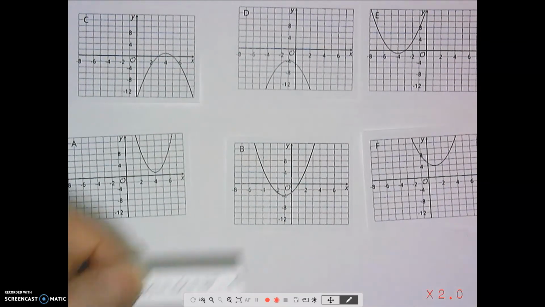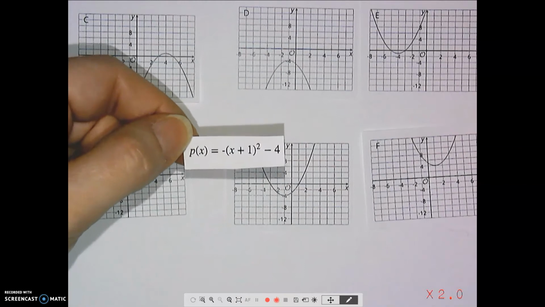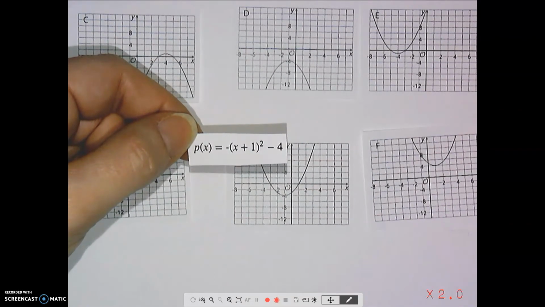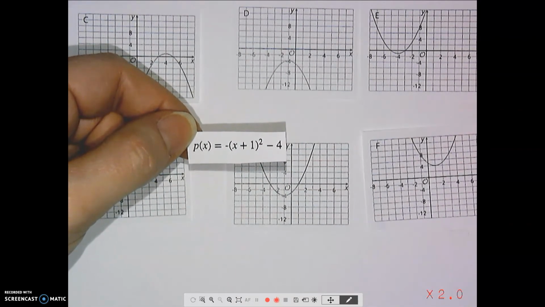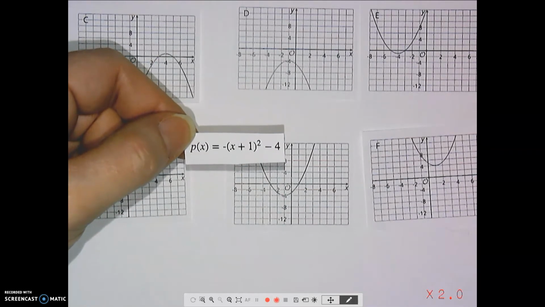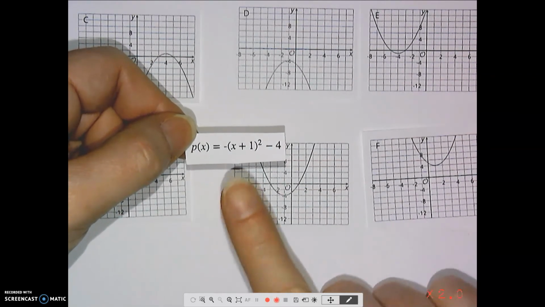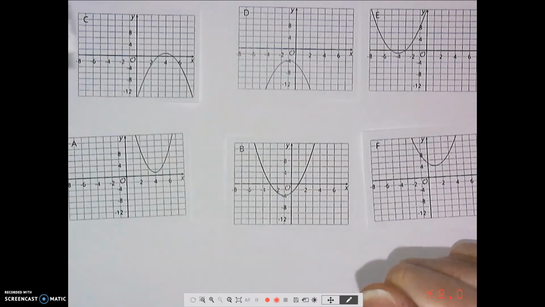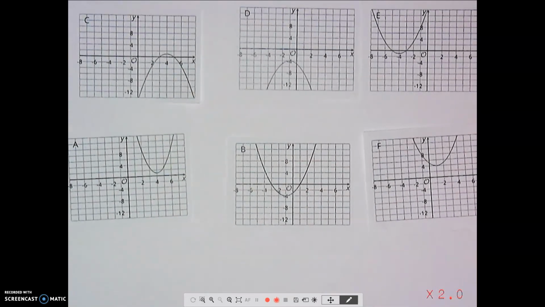Looking at this equation, p of x equals negative times the quantity x plus 1 squared minus 4, we know that this one needs to face down and its vertex would be at (-1, -4). Which of these graphs face down and has a vertex at (-1, -4)?